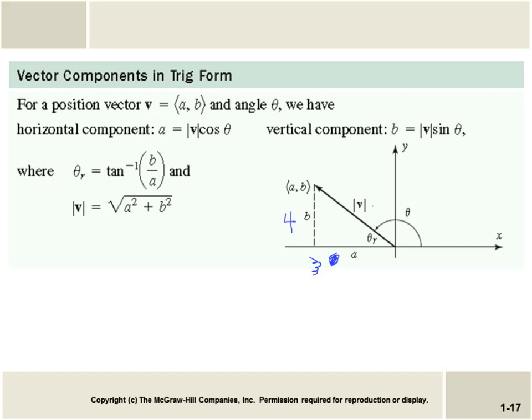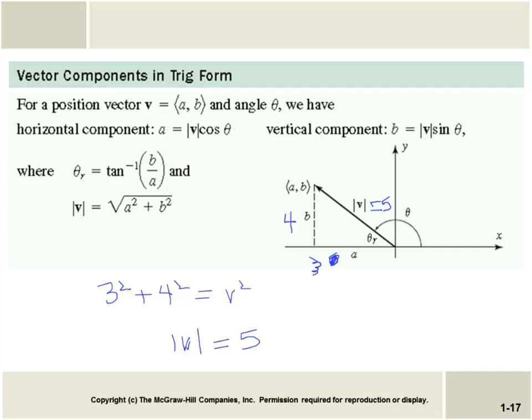Well, I know the length of this vector is 5, right? 3 squared plus 4 squared equals v squared. So the magnitude of vector v, when I write it like that, is equal to 5, right?